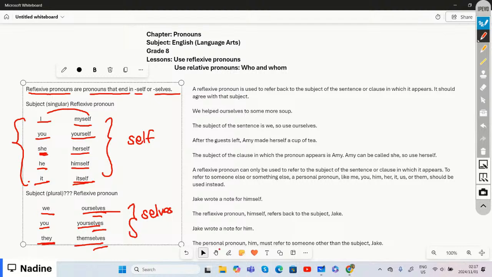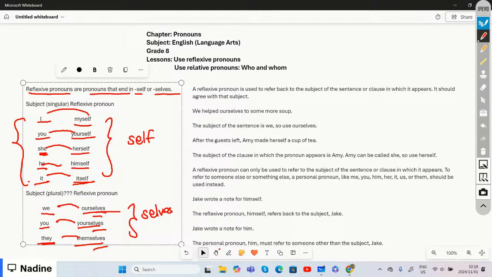And like we said, the reflexive pronoun needs to basically refer back to the subject of the sentence in which it appears. Myself, it refers back to I. Yourself to you. Herself to she. Himself to he. Itself to it. Ourselves to we. Yourselves to you. Themselves to they. They are referring back to the subject of the sentence in which it appears.